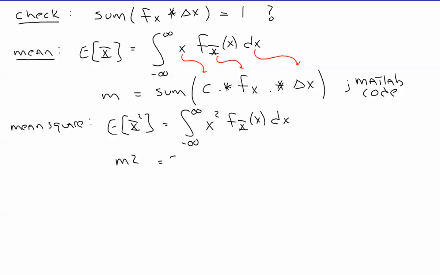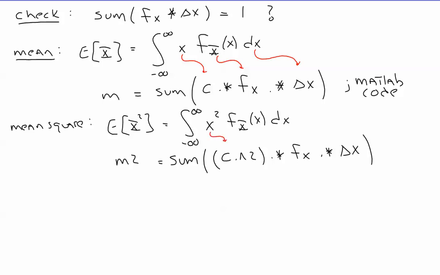This will be sum of C dot superscript 2 times dot asterisk fx dot asterisk delta x. That gives me my mean squared.